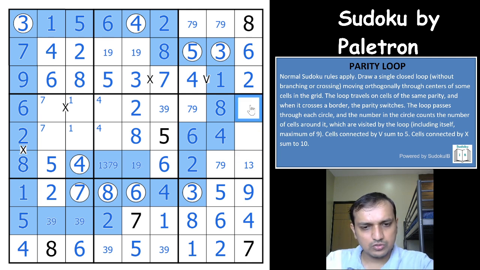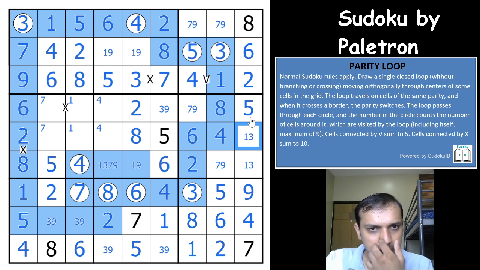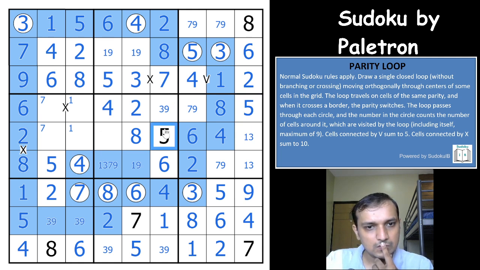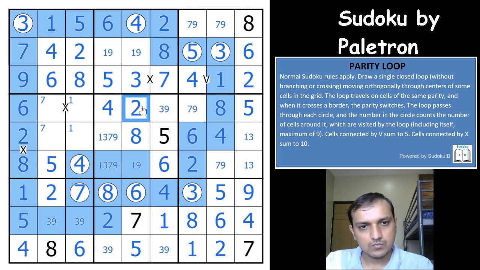This is also 1 and 3, so this is 5. This is a 4. Have I fulfilled all the circles? Yeah, I have fulfilled all the circles.